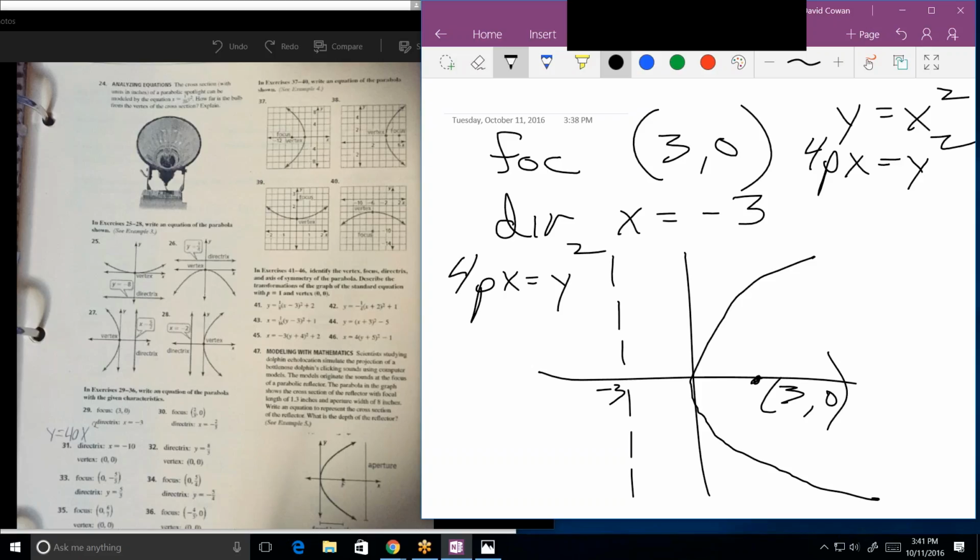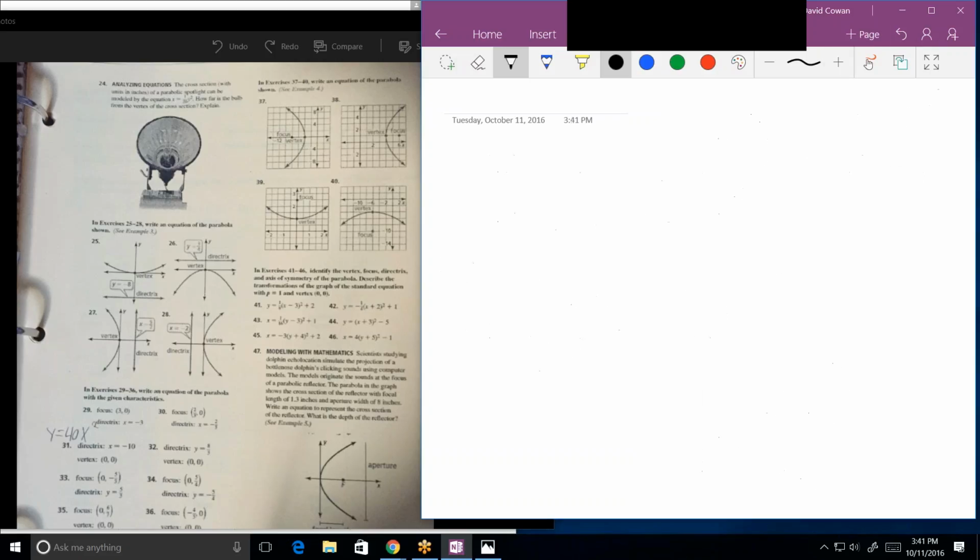So what's the equation going to be? 12x equals y squared. That's it. Simple as that. Usually once you've figured out whether it's horizontal or vertical and what p is, it's a piece of cake coming up with the equation. You just substitute p for what you have.